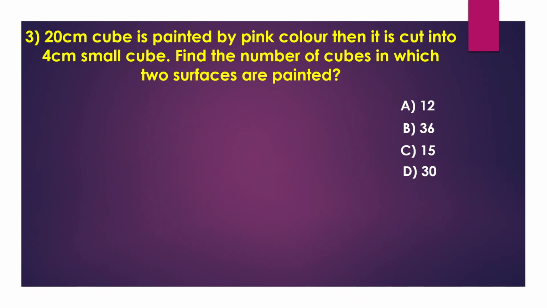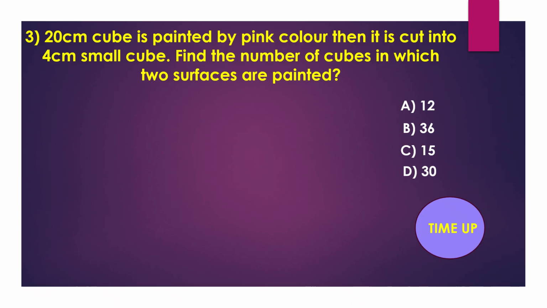Third question on your screen and your timer starts now. A 20 centimeter cube is painted pink. Then it is cut into 4 centimeter small cubes. Find the number of cubes in which two surfaces are painted. Time up.